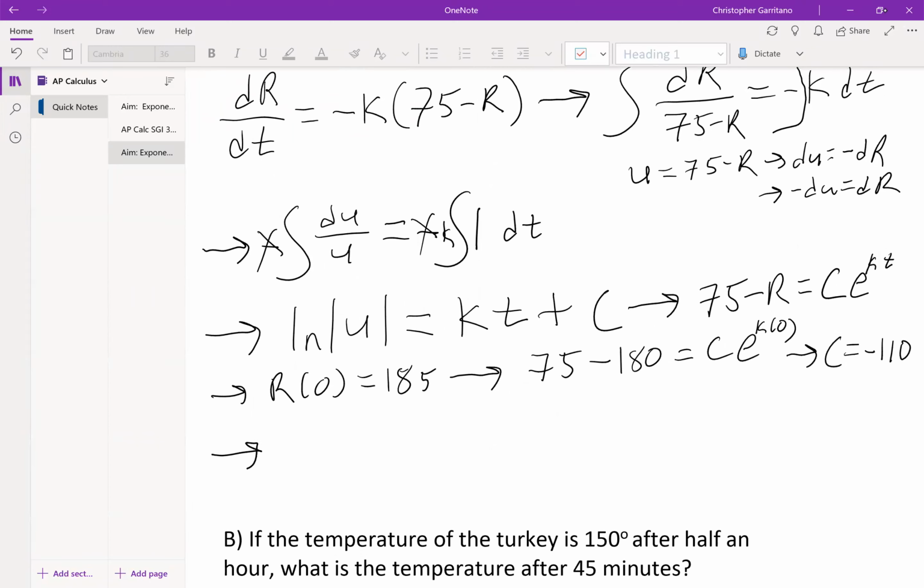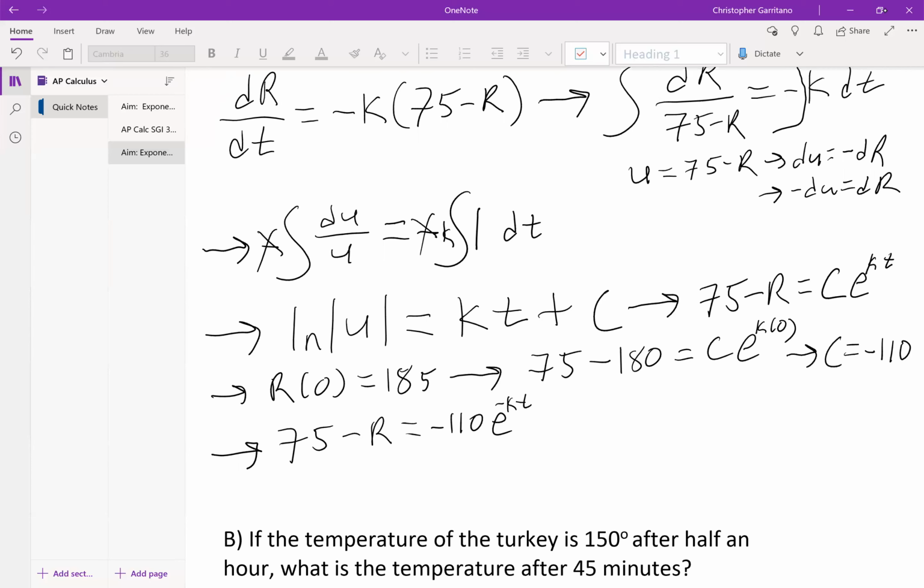Okay, just rewrite this as 75 minus r is equal to, instead of c, I'm going to write negative 110 because that's what we just discovered about c, times e to the negative kt.